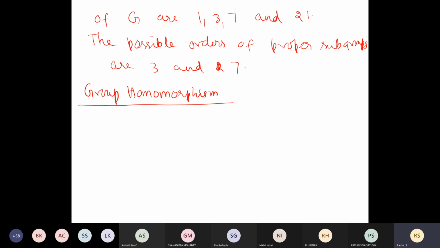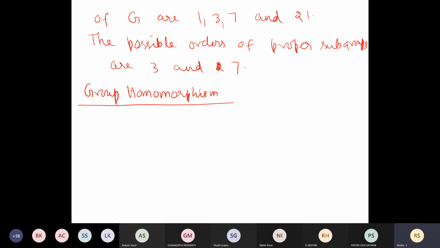Linear transformations are mappings between vector spaces. Just like that, I'm going to define mappings between two groups and check whether it satisfies a particular property. If it does, I'm going to call that a group homomorphism.